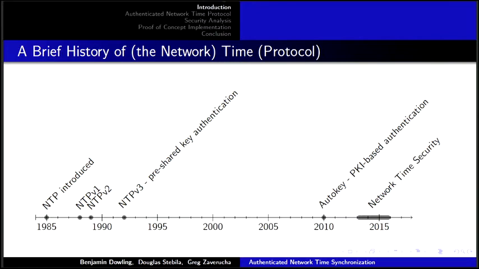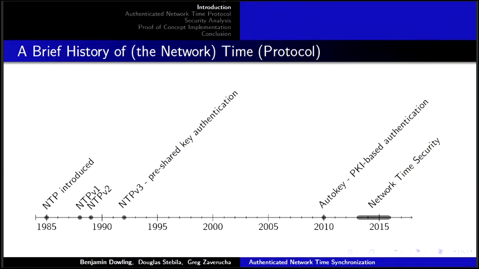So in 2010, we see NTP version 4, which introduces AutoKey, which is a PKI-based authentication mechanism. Now, subsequent analysis of AutoKey has shown it to be dangerously broken. There's identity schemes that have been introduced that can easily be overridden.